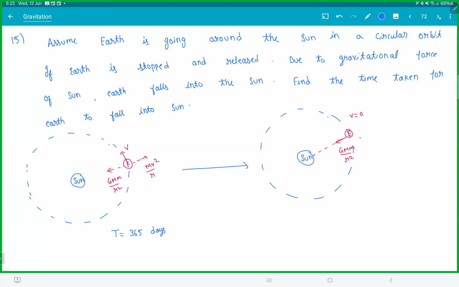Wait, one second. Till final major axis. Yeah, right. Rehan, that would be right.